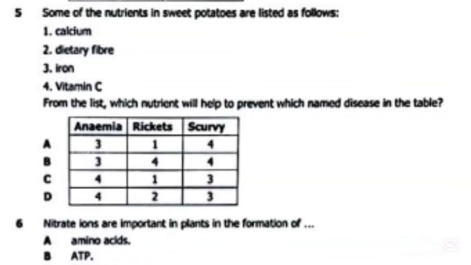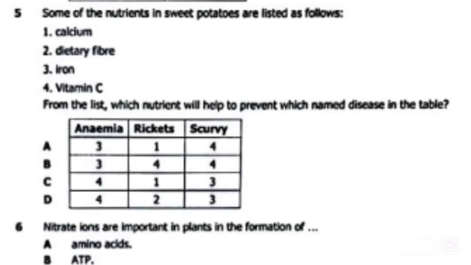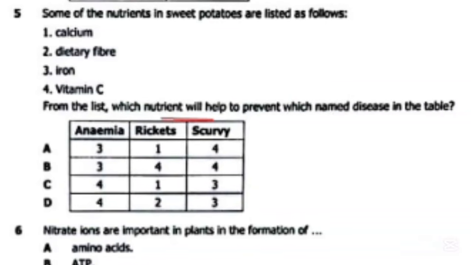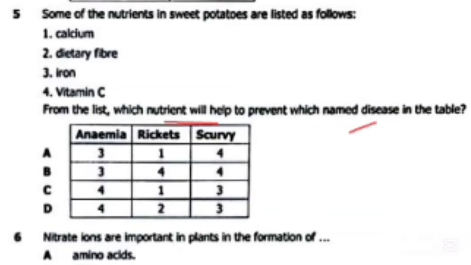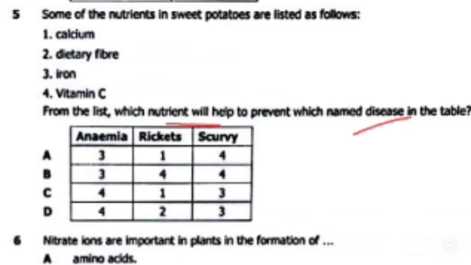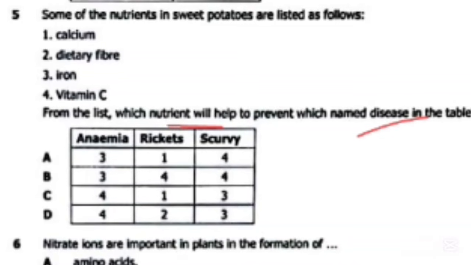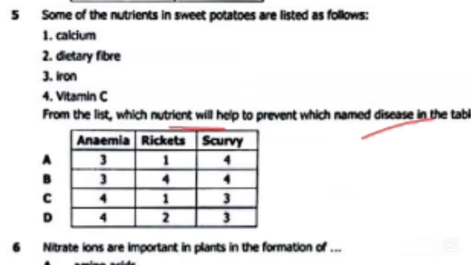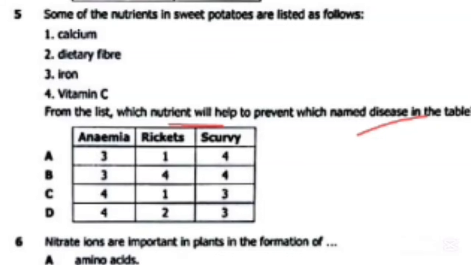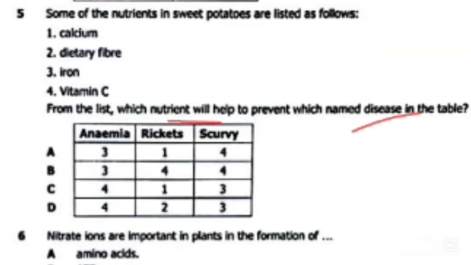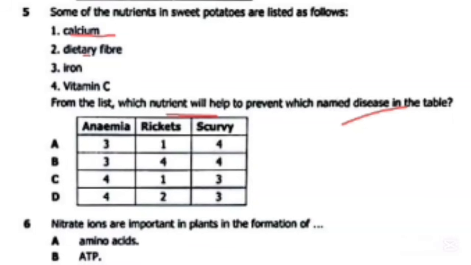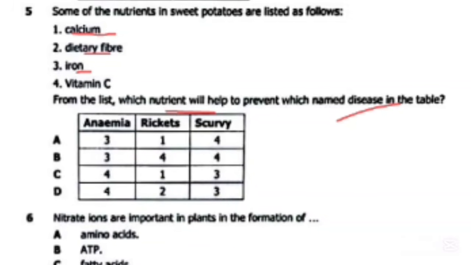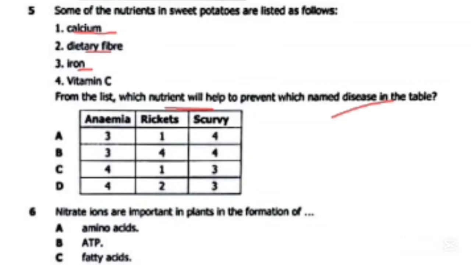From the list, which nutrient helps to prevent which named disease in the table? Here they are asking you about deficiencies. What deficiency can be caused if you lack 1 calcium, 2 dietary fiber, 3 iron, and 4 vitamin C?